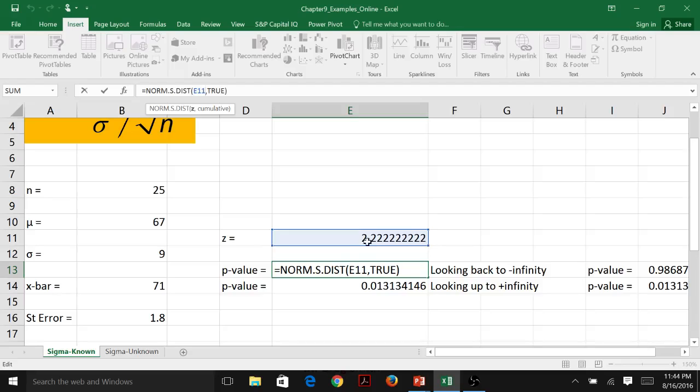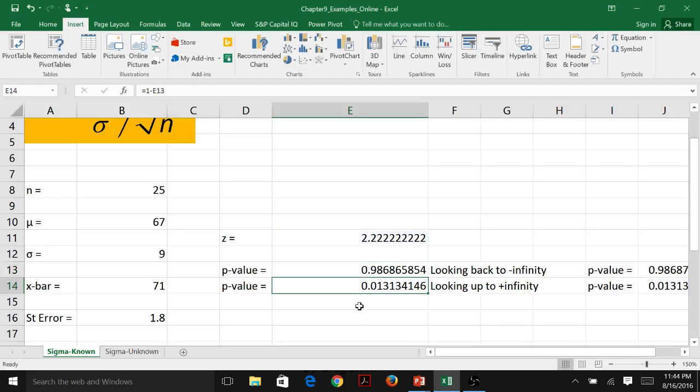I want to know what the z value is, and the true means looking back all the way up cumulatively. And what this does is it gives me the probability of being less than 2.22. Well, you're looking down on the lower 98.68% of all observations. So the complement, 1 minus, would be what you're looking up to.